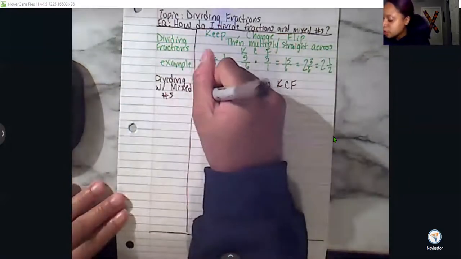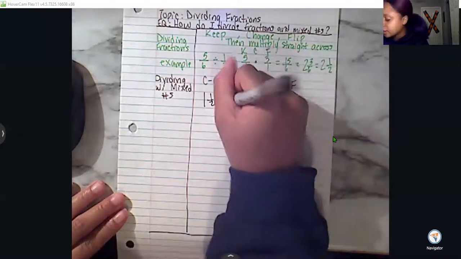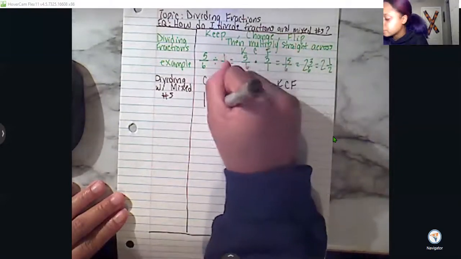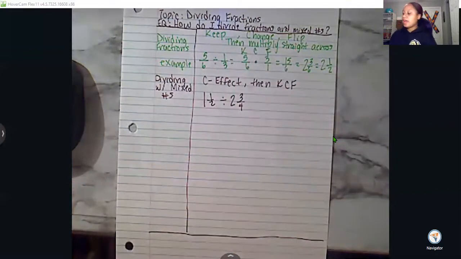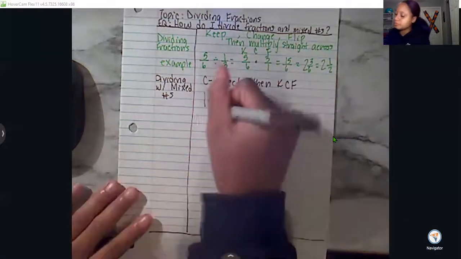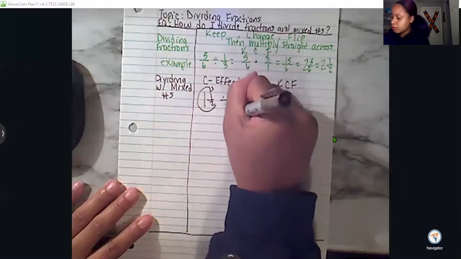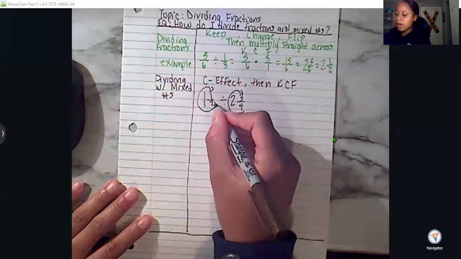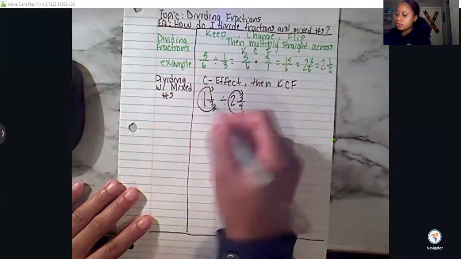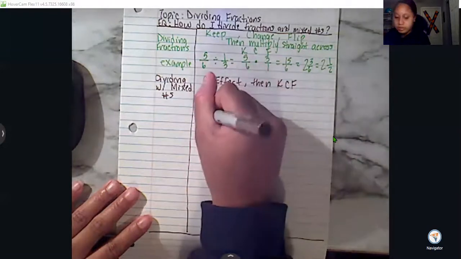So let's say, for instance, we have 1 1/2, and we're dividing by 2 3/4. So we have 1 1/2 divided by 2 3/4. First, we have to use the CF. Remember, we're going to use the CF. So for 1 1/2, we get 2 times 1 plus 1, 3/2.